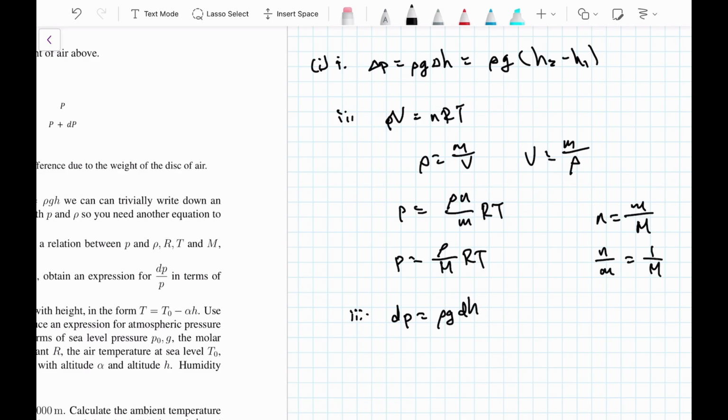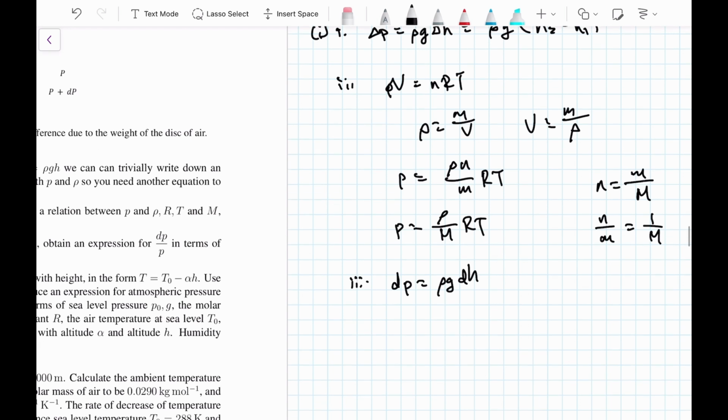Then dP over P should be rho g dh over P, which is rho over MRT.